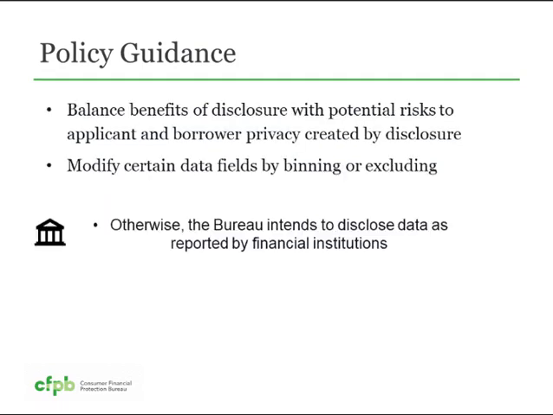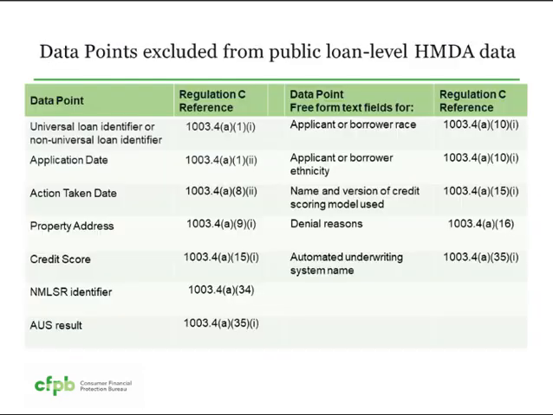The Bureau intends to modify certain data fields by binning or excluding to appropriately balance potential risks to applicant and borrower privacy created by disclosure and the benefits of disclosure in light of HMDA's purposes. Otherwise, the Bureau intends to disclose all data as reported by financial institutions without modification.